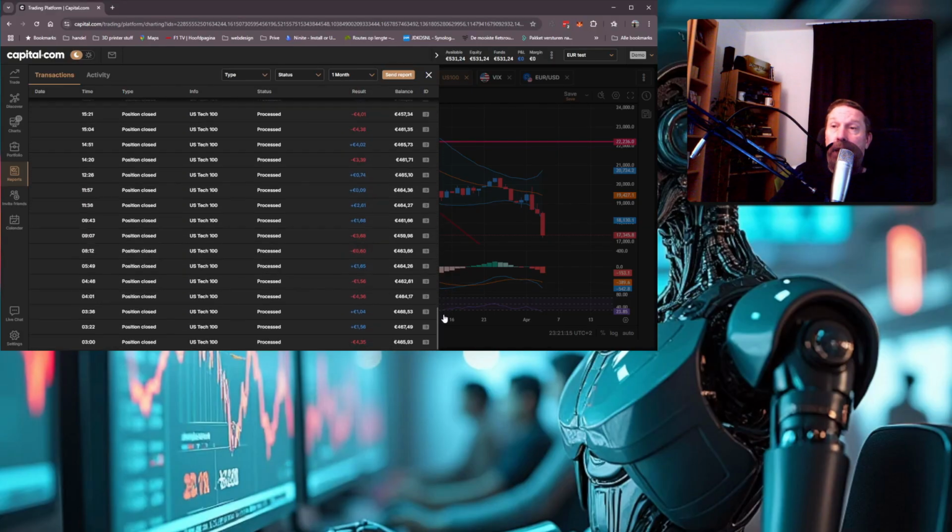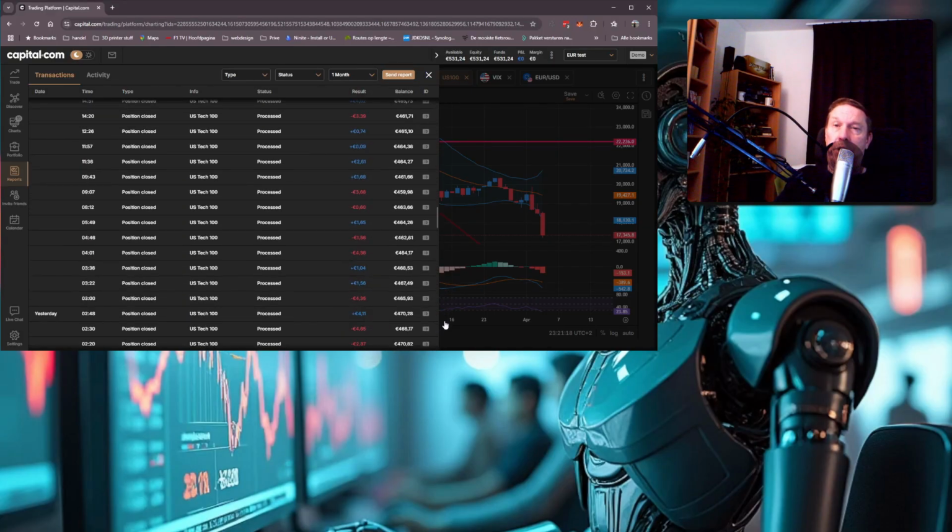Let's see. As long as I don't need to change anything else in the code, we can see how the bot will do in the next week without any changes in the code, and only see if the AI configuration that we have right now is actually the one that we are after, and hopefully getting up to a better profit.